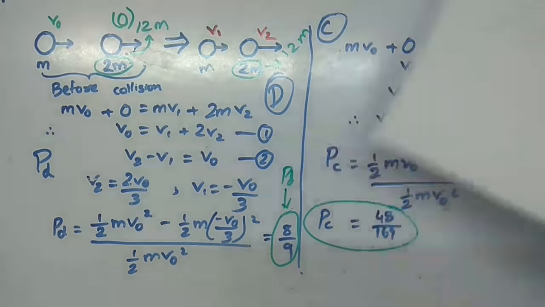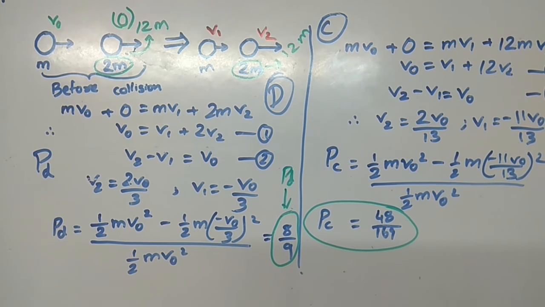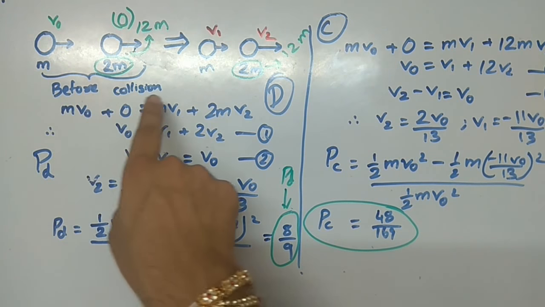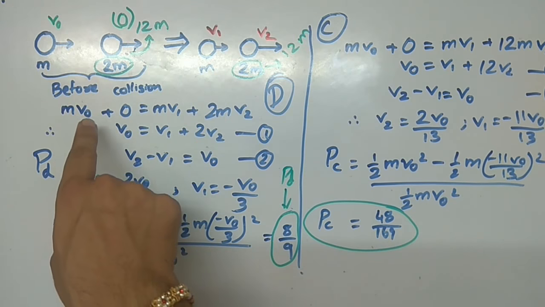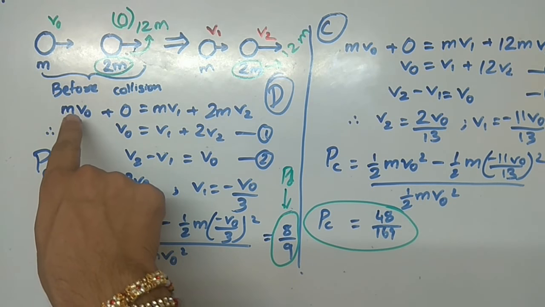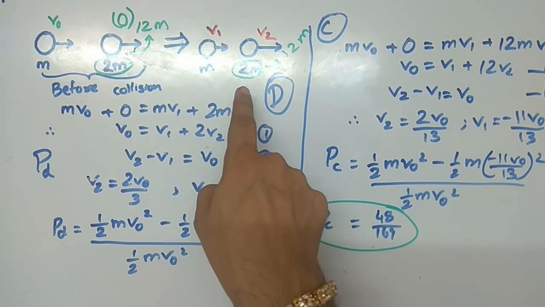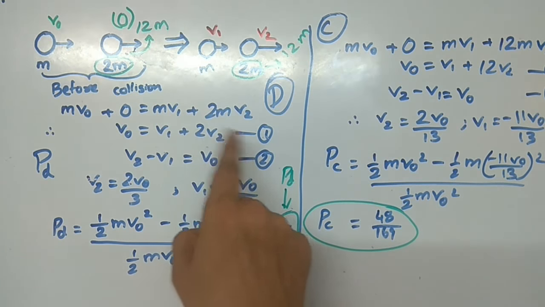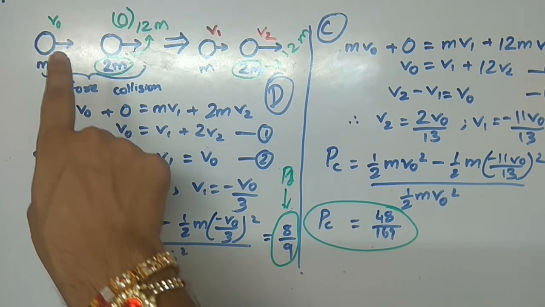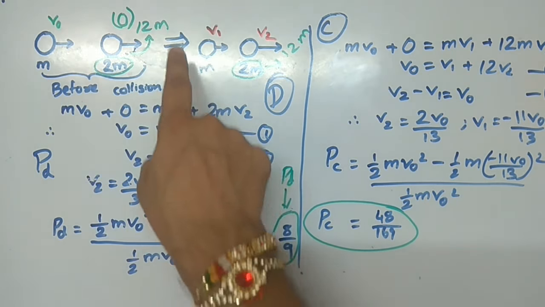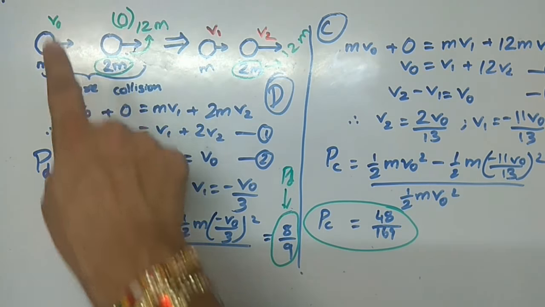So once again, what we did overall: we first applied the law of conservation of momentum before collision, that is, the initial momentum of the system should be equal to the final momentum of the system, and we got an equation. Then since this collision was perfectly elastic, the velocity of separation should be equal to the velocity of approach.